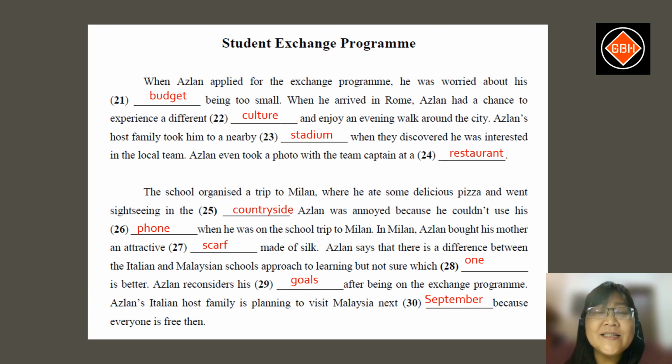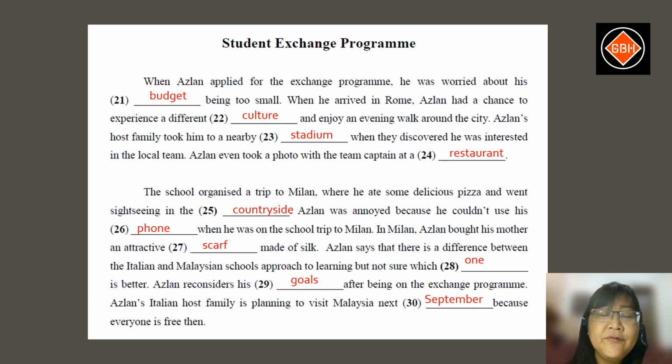Dear students, let's try to go through the answers for questions 21 until 30. So here remember, I reminded you with the latest information that for all the blanks, you can only write one word and all of them are nouns. So here let's look at number 21, his budget. So budget is a noun, and then you have a different.